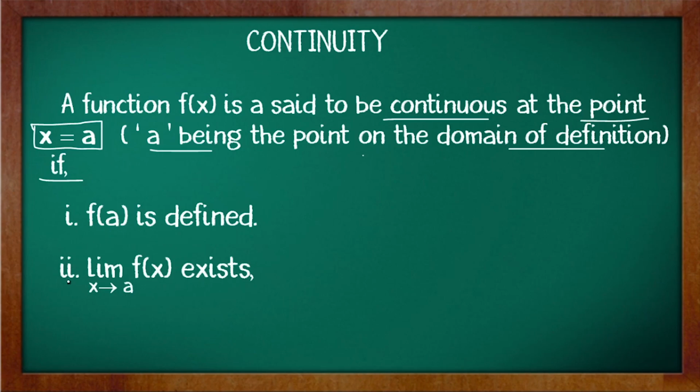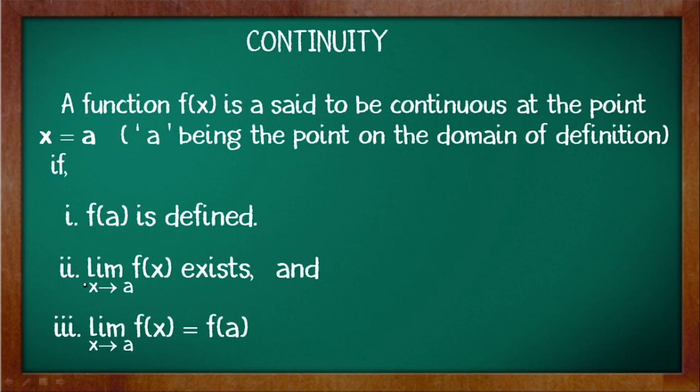So this limit exists means the left hand limit and the right hand limit must be equal. Okay, limit exists means left hand limit must be equal to right hand limit. And finally, these values must be equal.